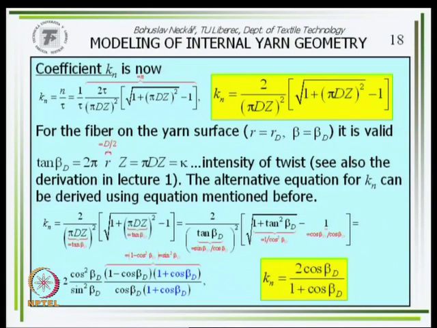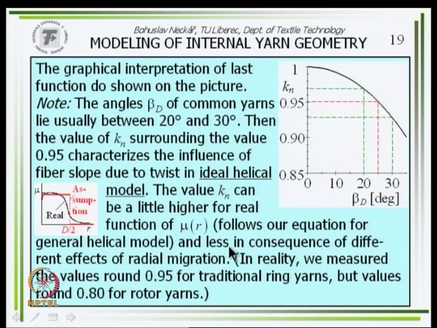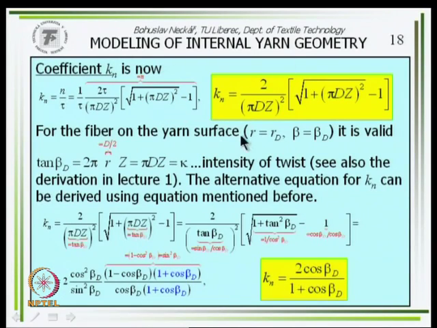After rearranging, where we multiply and divide by 1 plus cosine beta d here, we obtain finally Kn in this form. Only rearranging, pure trivial mathematical rearranging, which you know from university, from high school. Not difficult.